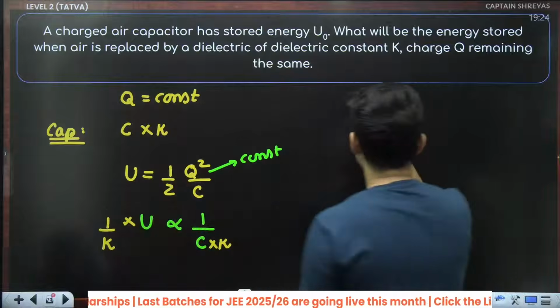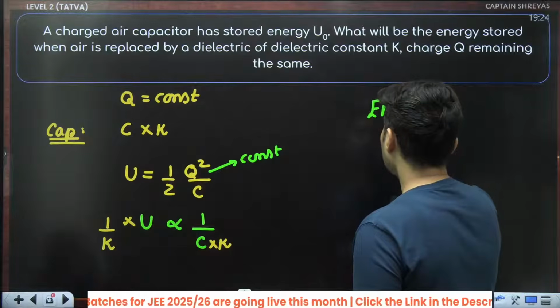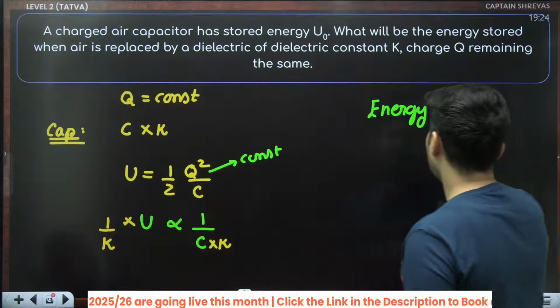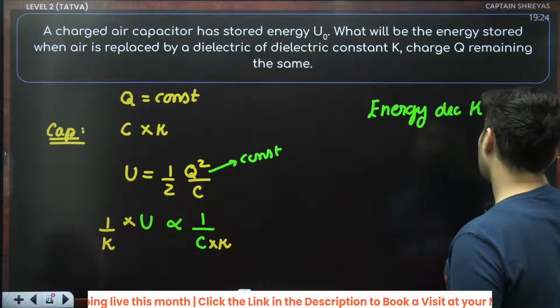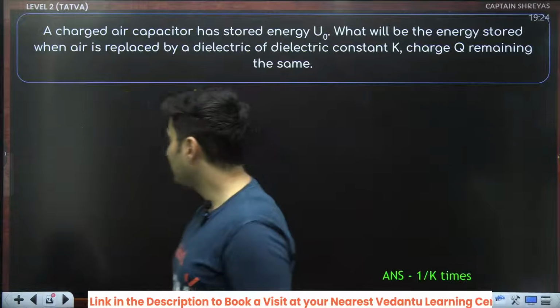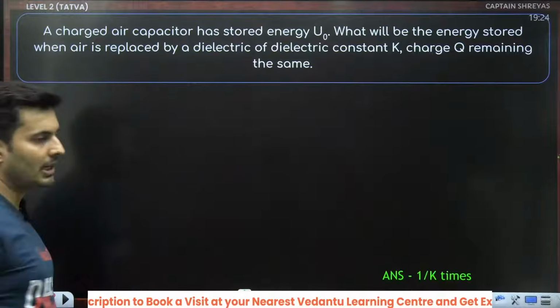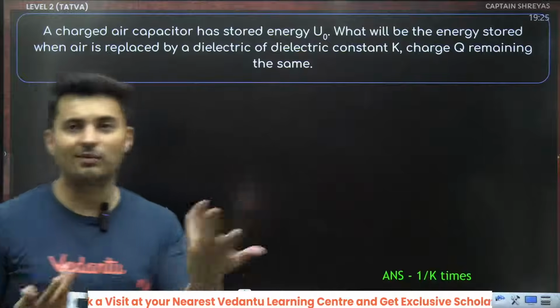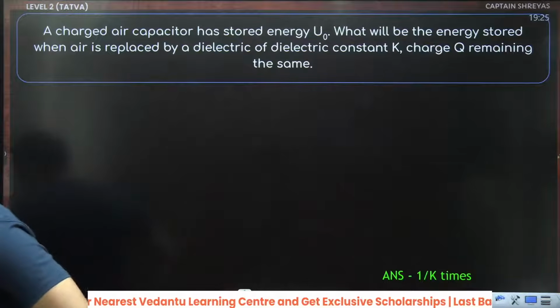Rather, it is good to say energy decreases K times, 1 by K. That is the answer. It decreases K times or it increases by a factor of 1 by K. One and the same thing.